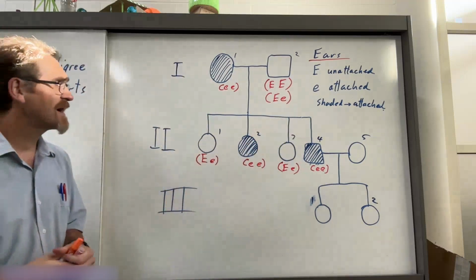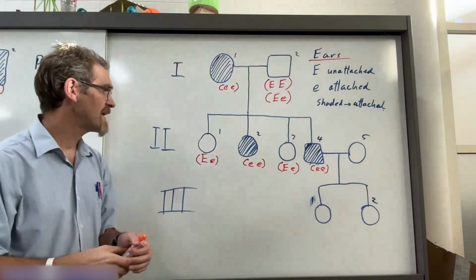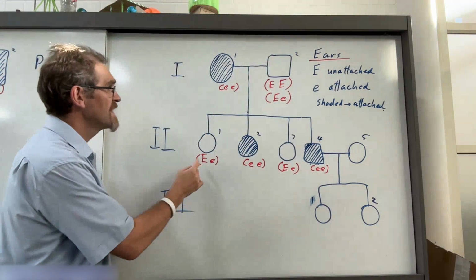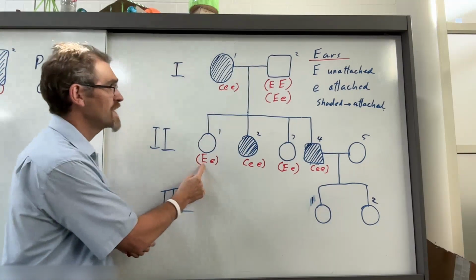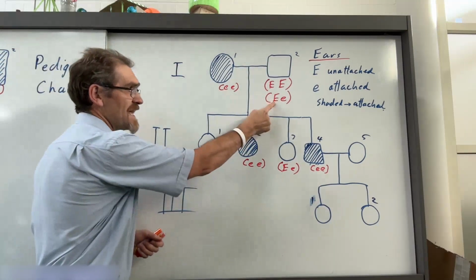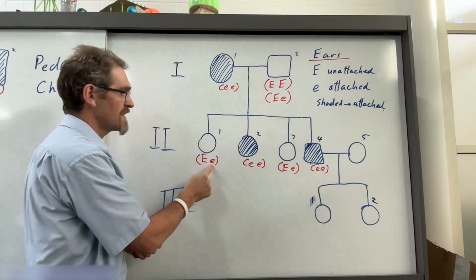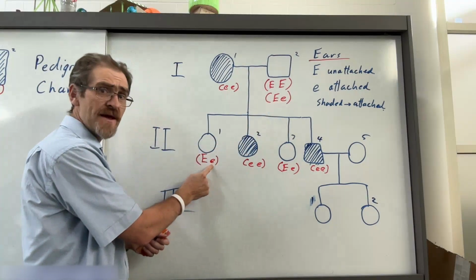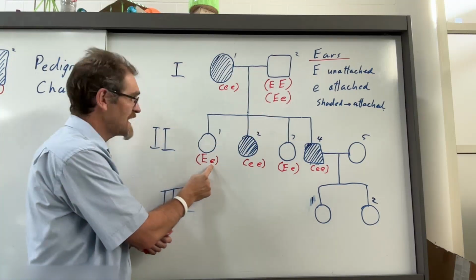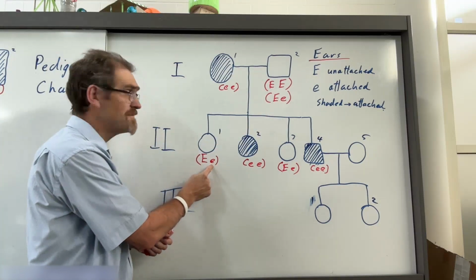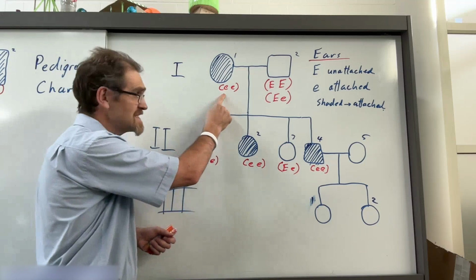When we look at the genotype of this person here, the grandfather up here, we think to ourselves that we could have gotten the capital E dominant allele from the grandfather if he was heterozygous. We could have got the lowercase e recessive allele from the mother, since she's homozygous recessive.